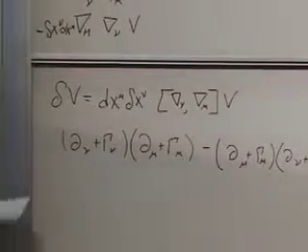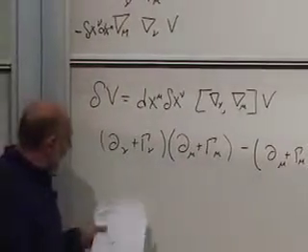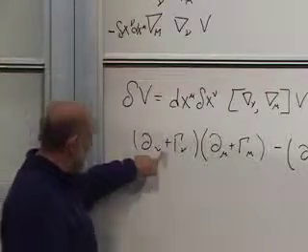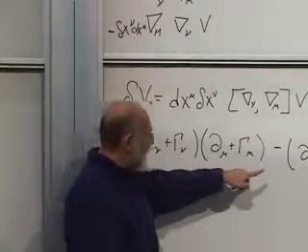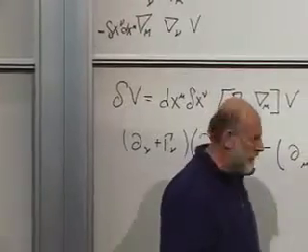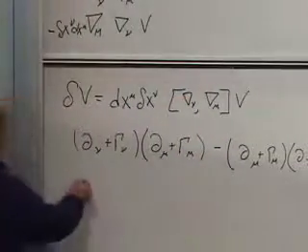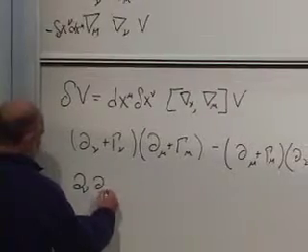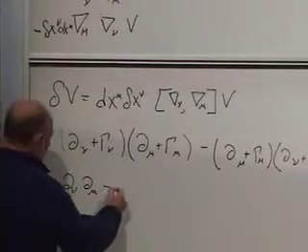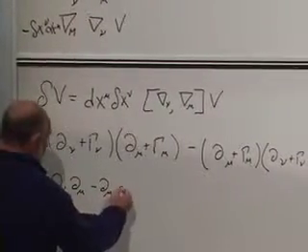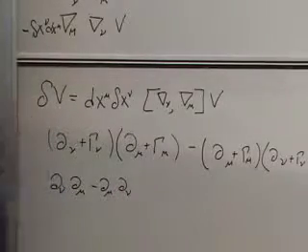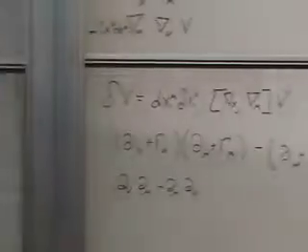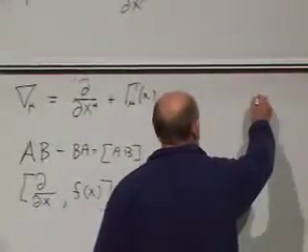Okay, so let's work it out. The first term that I get contains no gammas. It's just derivative with respect to x nu, derivative with respect to x mu, minus derivative with respect to x mu, derivative with respect to x nu. Is everybody comfortable with my writing expressions like derivative with respect to x mu is just d mu?